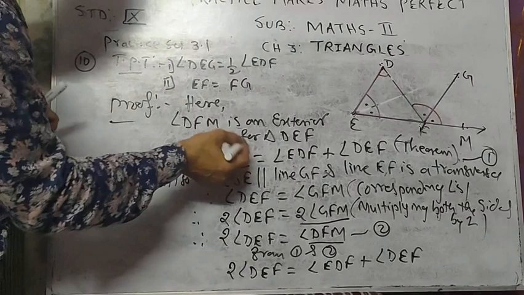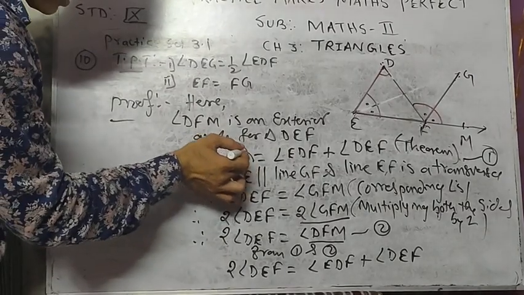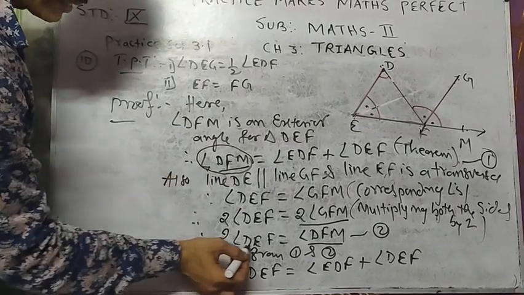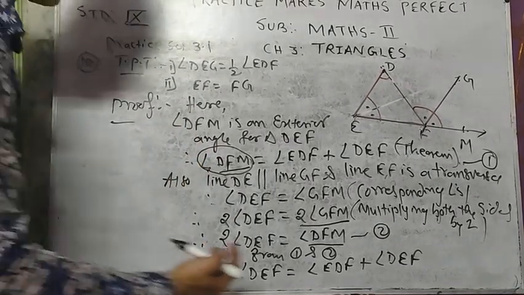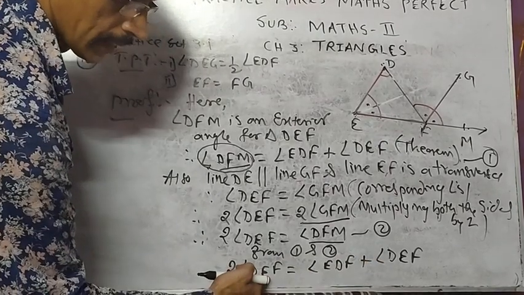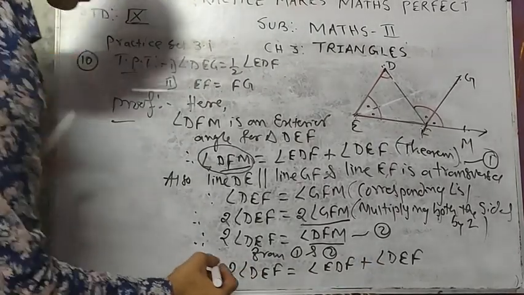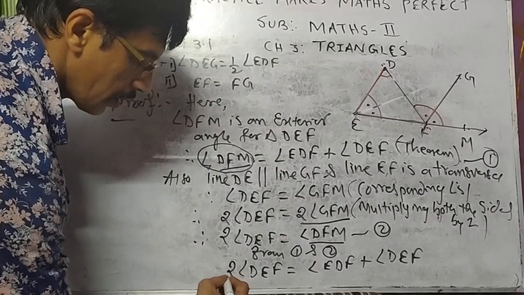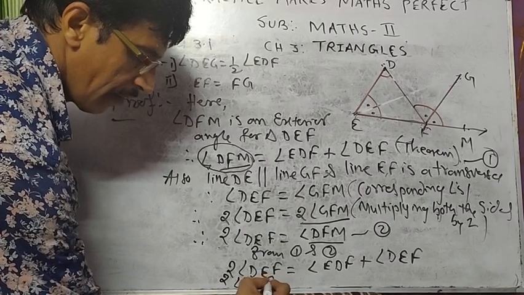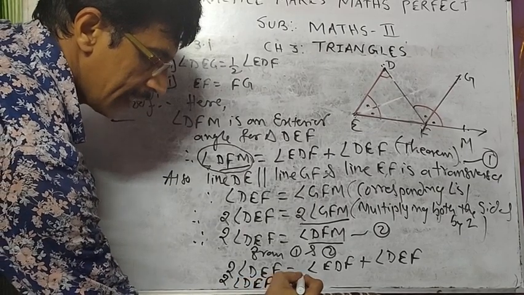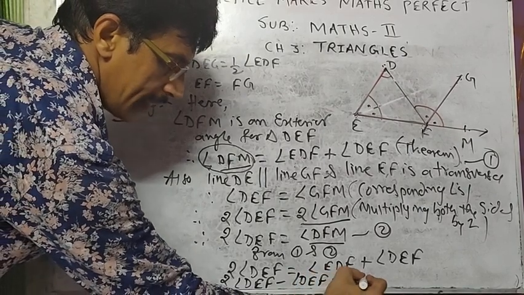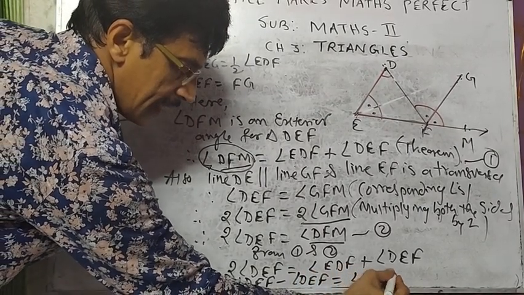You have to replace this. Now this will come here and become minus. So you will get twice angle DEF minus angle DEF is equal to angle EDF.